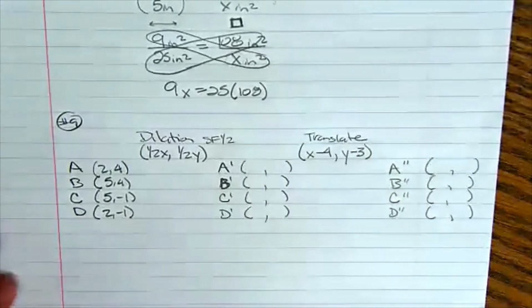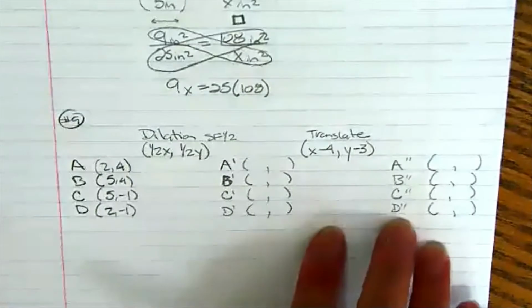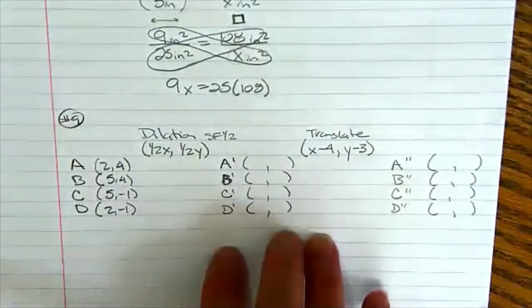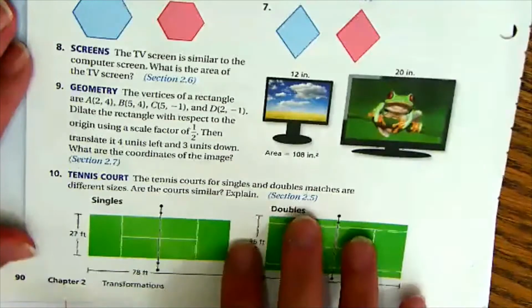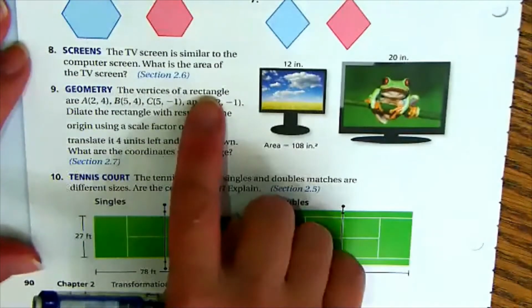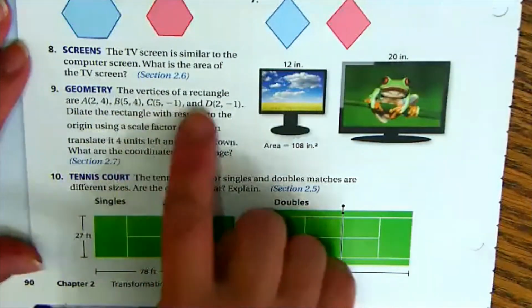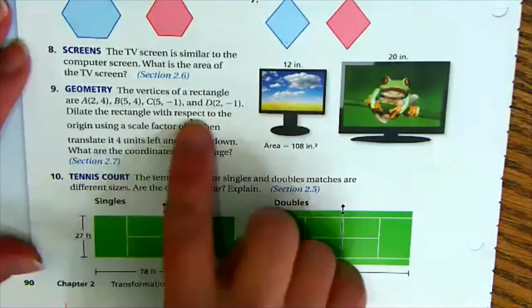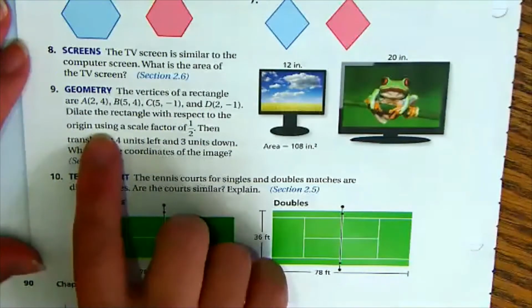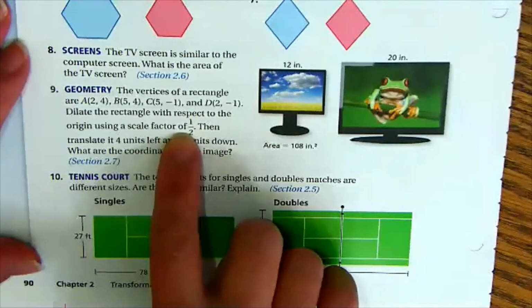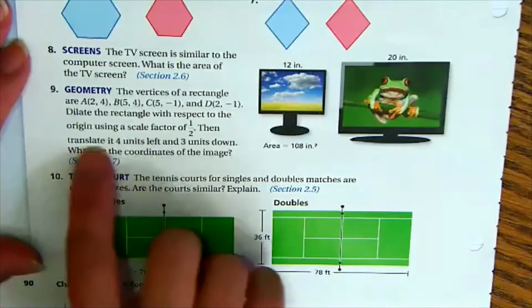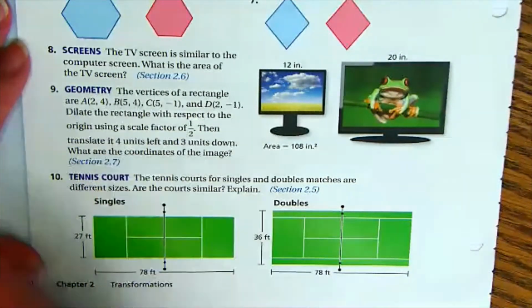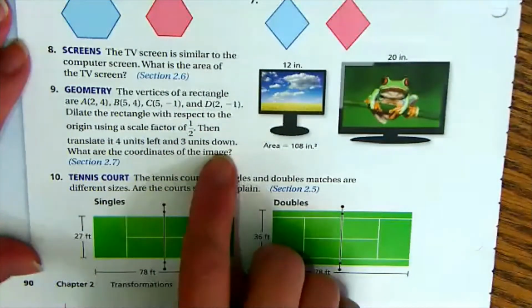Okay? So I'm not going to do the work for you, but I did want to help set this up with you. So the vertices of the rectangle are A, B, C, and D. Dilate the rectangle with respect to the origin using a scale factor of 1/2. Then translate it 4 units to the left and 3 units down.